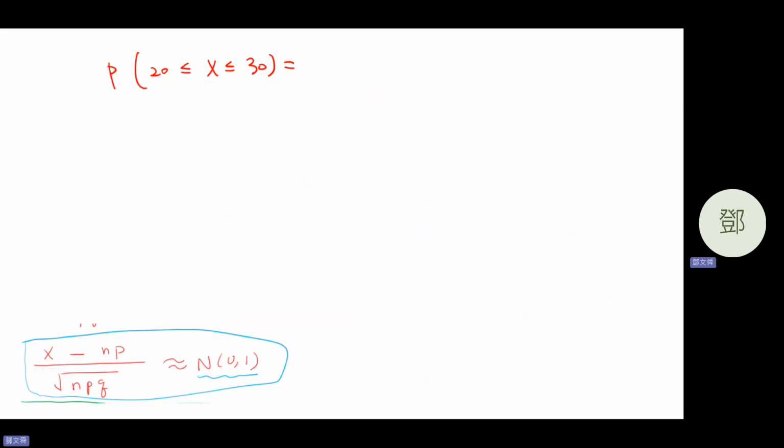Yep, here. And also, let us standardize before we can apply the central limit theorem. 20 minus np over the square root of npq, and nothing gets changed if we do the same thing to each of the three terms.